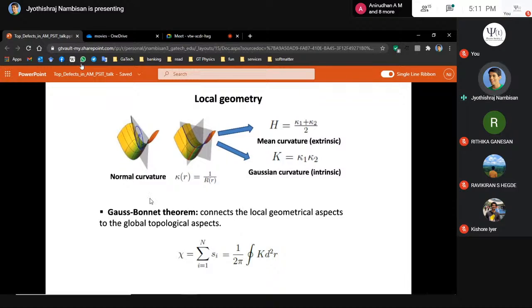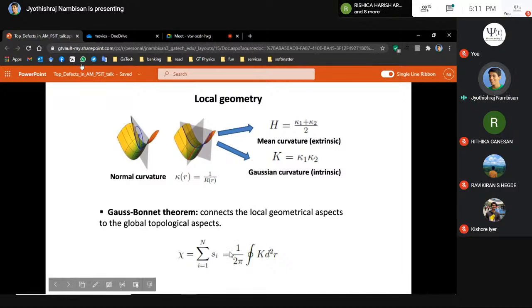And that is beautifully correlated with everything else by the Gauss-Bonnet theorem, which connects the local geometrical aspects to the global topological aspects. So the left-hand side of this theorem is your Poincaré-Hopf theorem, which we have been talking about throughout so far. So you have the Euler characteristic chi, you have the sum of all the singularities, and this is the global topological constraint.